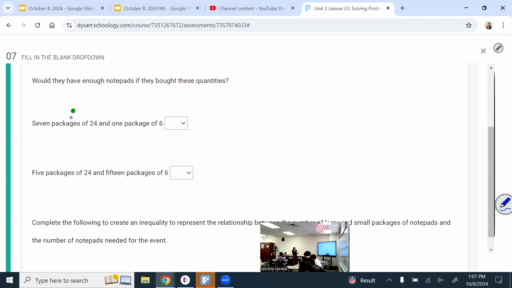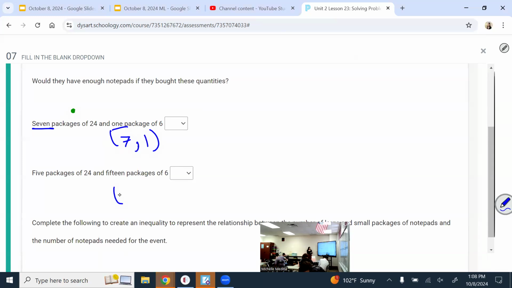You need to now see, if this is on my x-axis, the large packages, and this is on my y, you're checking for this coordinate now. Oh wait, hold on, I'm messing it up. What's hard about this one is they put it in words. So you're actually looking for the coordinate (7, 1), because it's 7 packages of the large one and 1 package of the small one.